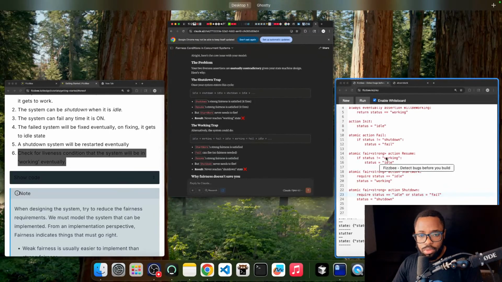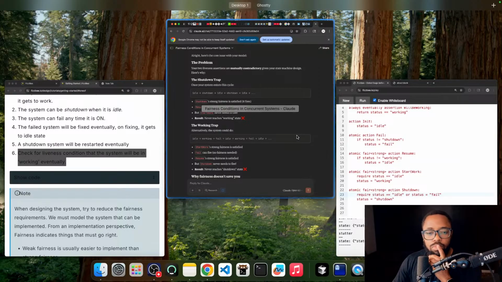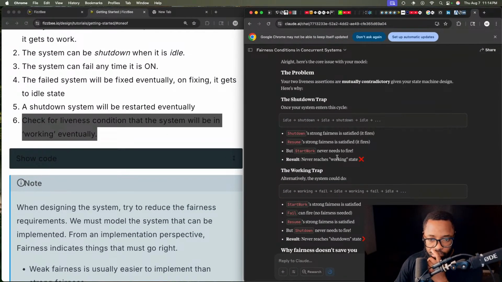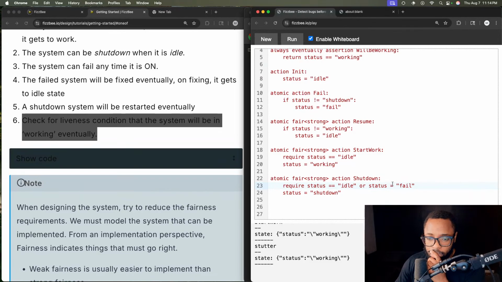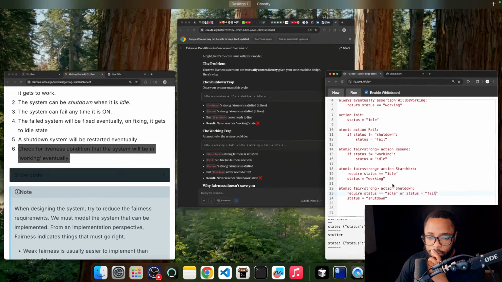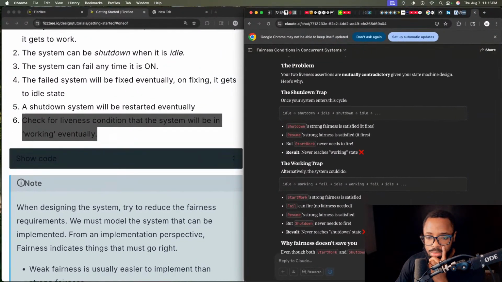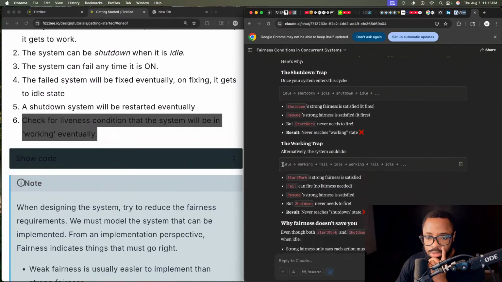How do we force it to go to... the change that I just made will solve this issue here.